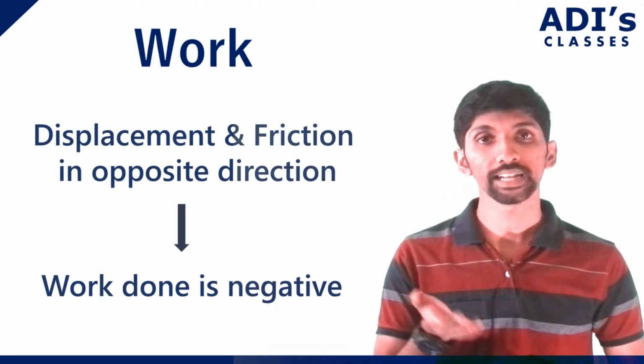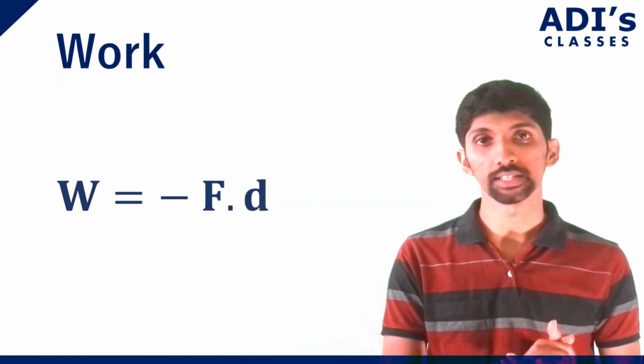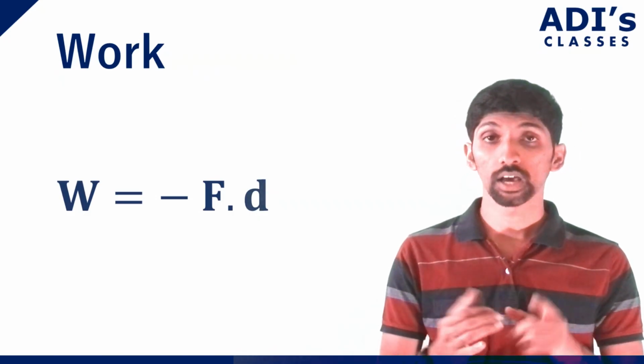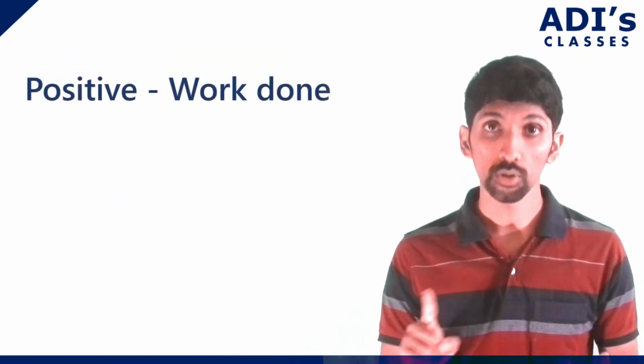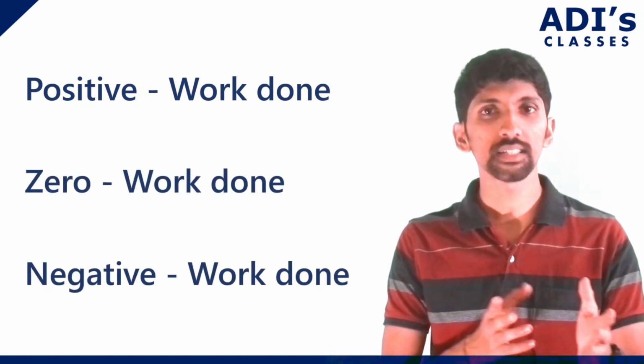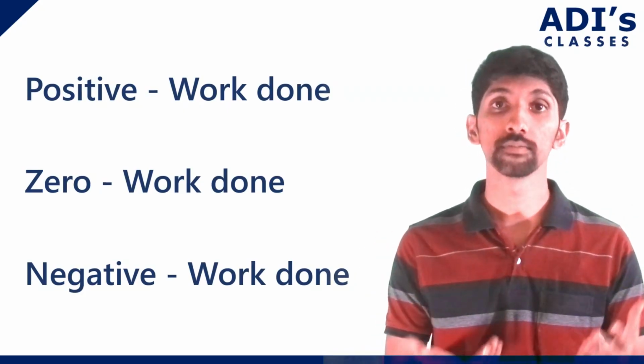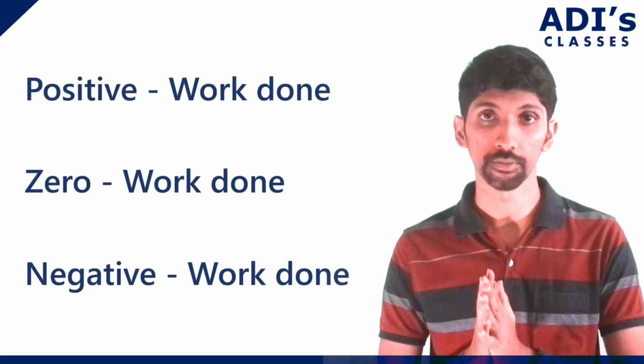Cos 180 is what? Negative 1. So work done will become minus F into d. Okay. So we have positive work done, 0 work done, and negative work done. These are just certain examples that I'm giving. So think of your own examples where work done will be positive, negative, as well as 0.